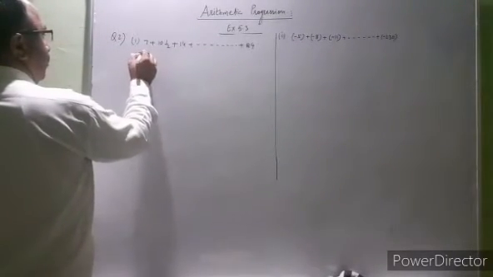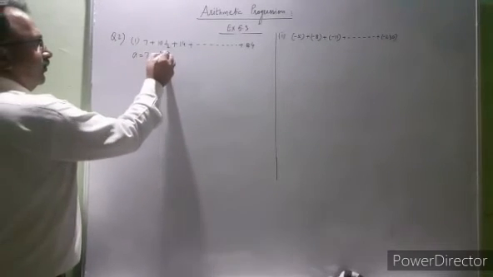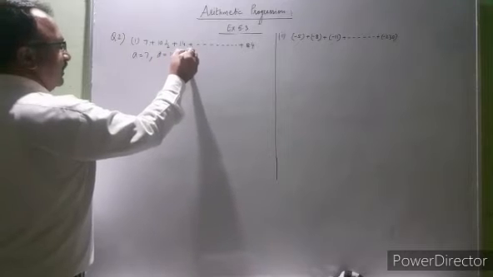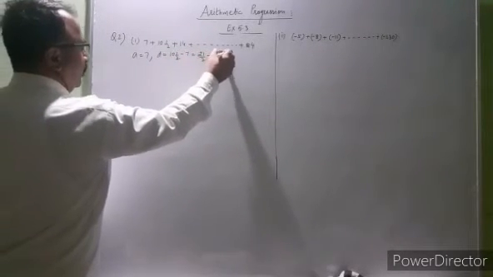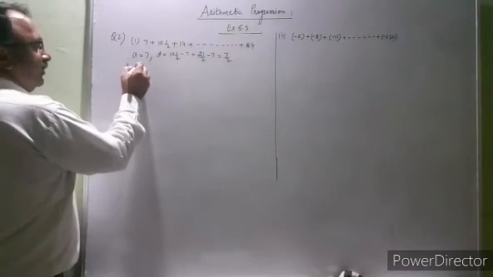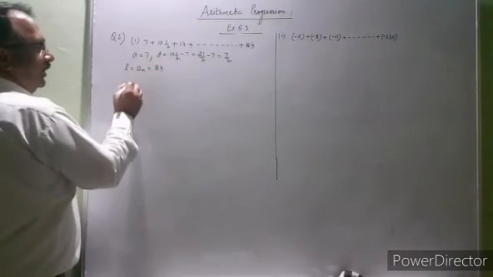So here a equal to 7, d equal to 10 1 by 2 minus 7. So it will be 21 by 2 minus 7, equal to 7 by 2. Now the last term is given to you, that is an, 84.